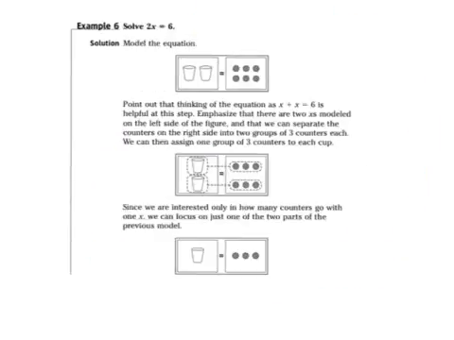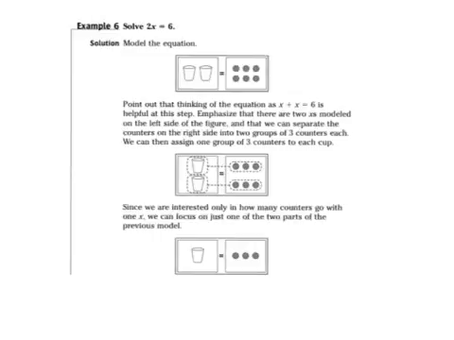Let's look at doing a two-step equation. A two-step equation is when you have more than just one variable. So here I've got solve 2x equals 6. Well, I've got 2 cups, that's the 2x, equals 6 tiles, that's that 6 on the side.